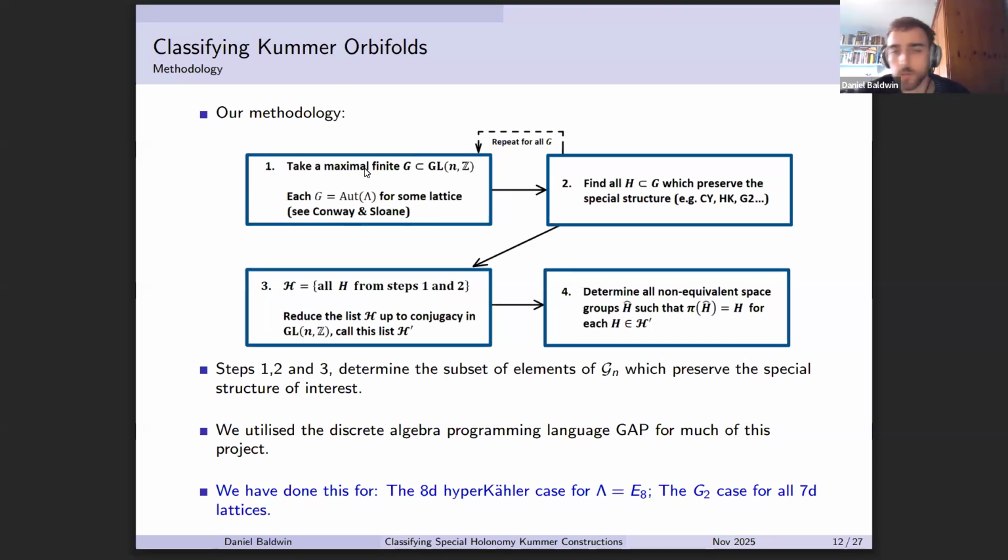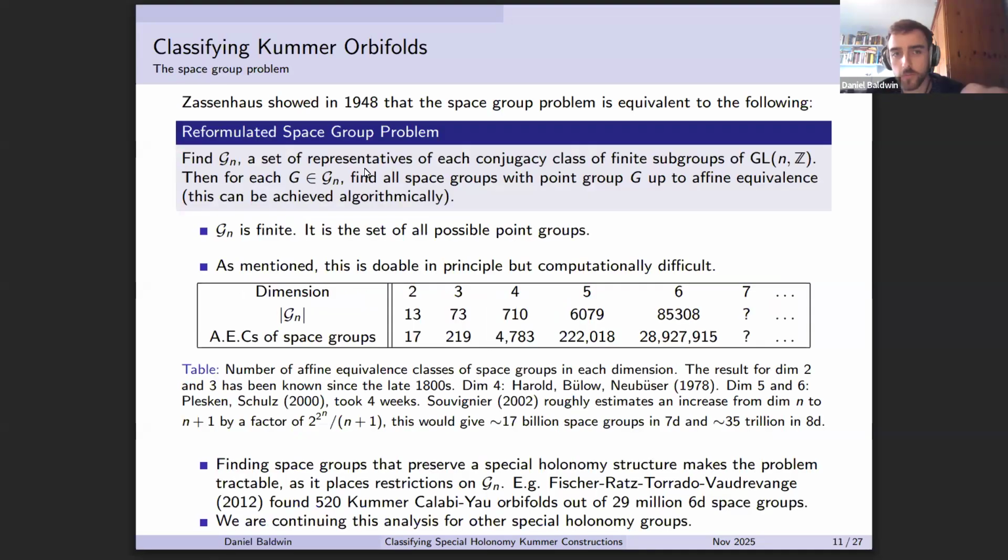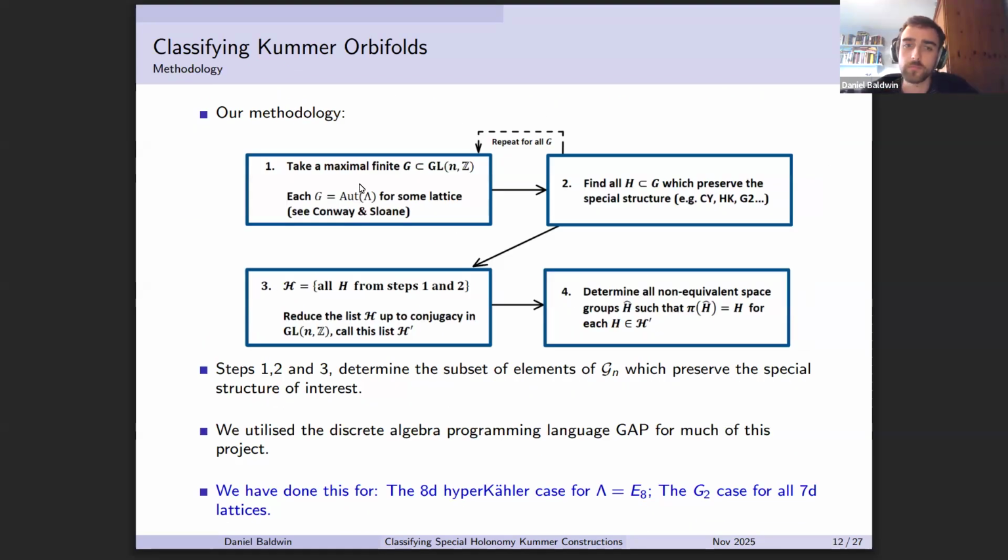Well, yeah. The space group problem as formulated by Zassenhaus says we need a set of representatives of every conjugacy class of finite subgroups of GLNZ. And so one way to get all the finite subgroups of GLNZ up to conjugacy is to start with the maximal ones, take all of their subgroups, and then reduce that list up to conjugacy in GLNZ.